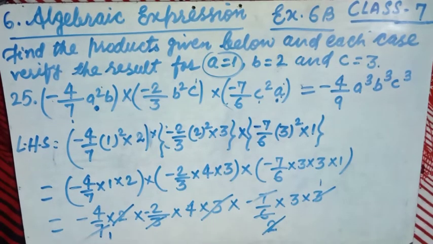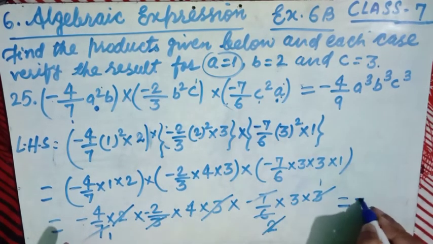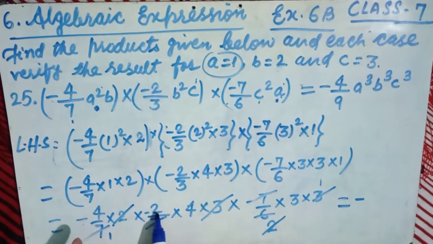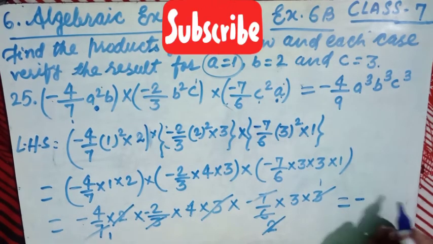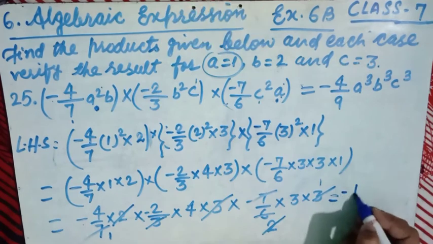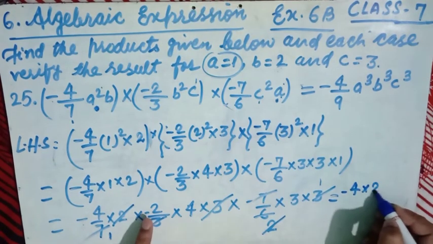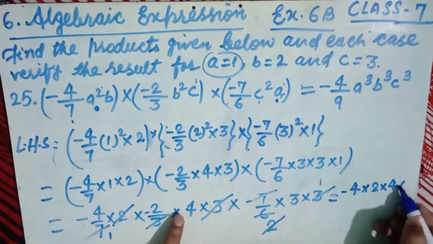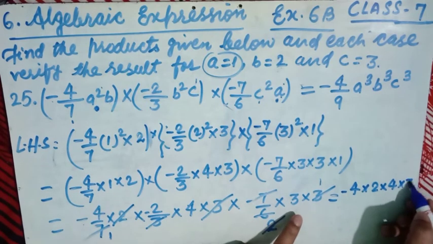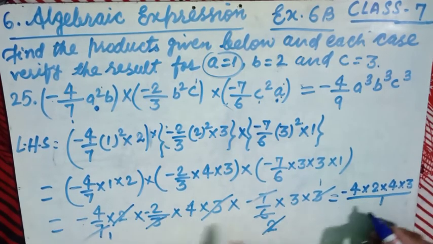Now we have written over here minus 4. Minus multiplied by minus multiplied by minus, the resulting value is minus. This is 4 multiplied by 2, which is 8. 4 multiplied by 2 multiplied by 4, multiplied by 3, divided by 1.